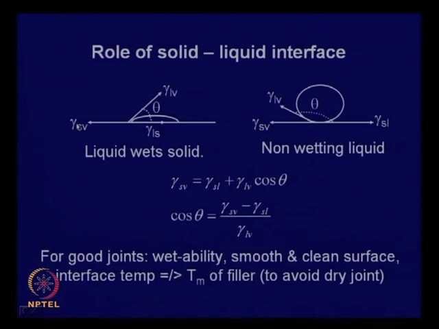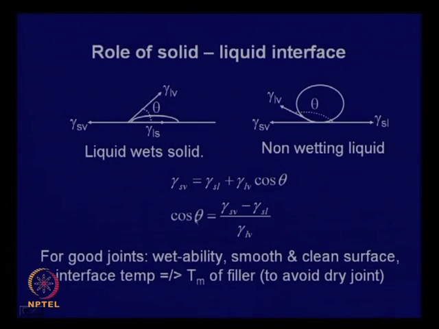This expression is just a simple balance of force. If you balance the force along this axis, then this is the x component of the liquid vapor tension, gamma LV cos theta, and they must be equal. Therefore, this wetting angle is a function of the surface tension ratio: the difference in the surface tension, solid vapor minus solid liquid, over gamma liquid vapor.